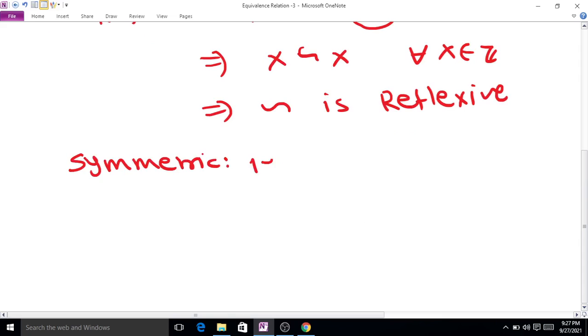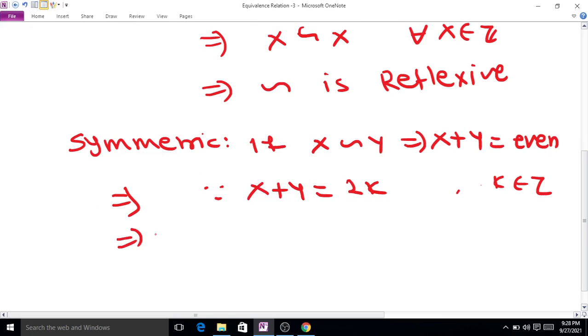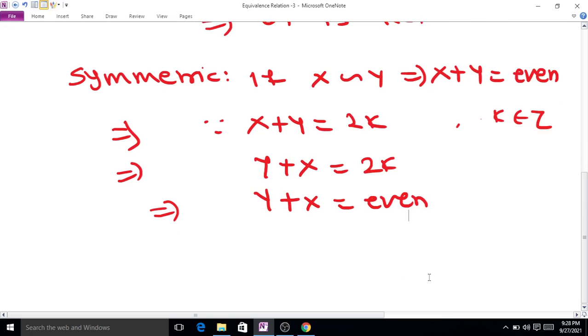Now, we want to check whether it is symmetric. If x related to y, then x plus y is an even integer. We want to check whether y plus x is also even. Since x plus y is even, x plus y is equal to twice k for some k belongs to Z, this implies y plus x is also twice k for some k belongs to Z, and therefore y plus x is an even integer, and therefore y related to x.